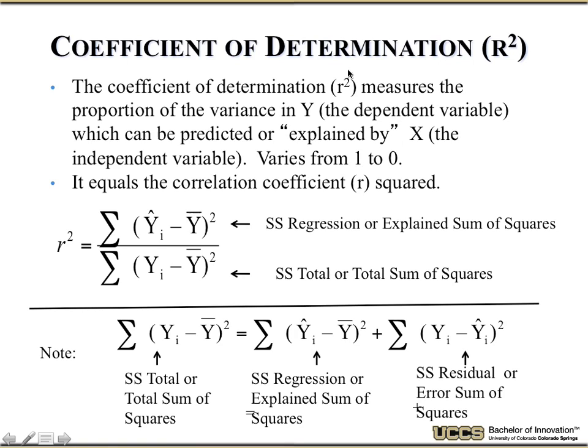Okay, so the coefficient of determination, which we call R squared, measures the proportion of the variance in y, the dependent variable, that can be predicted or explained by x, the independent variable. Okay? So this R is not the same as the slope.